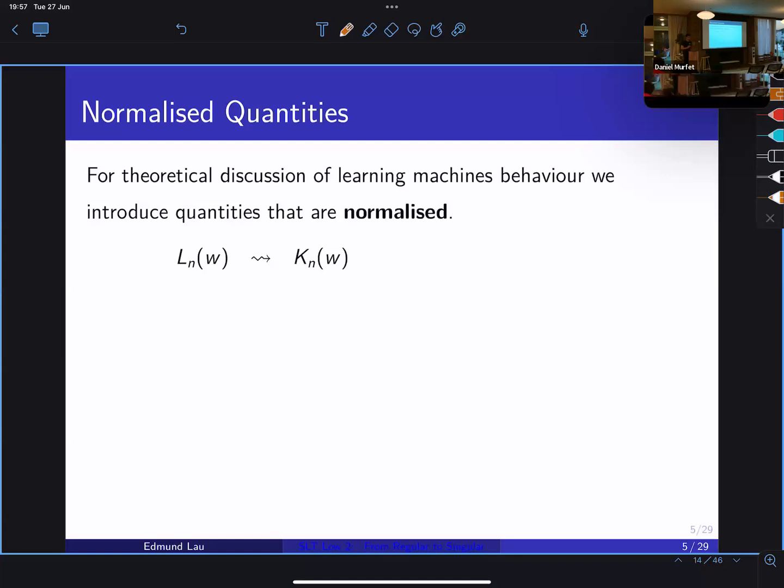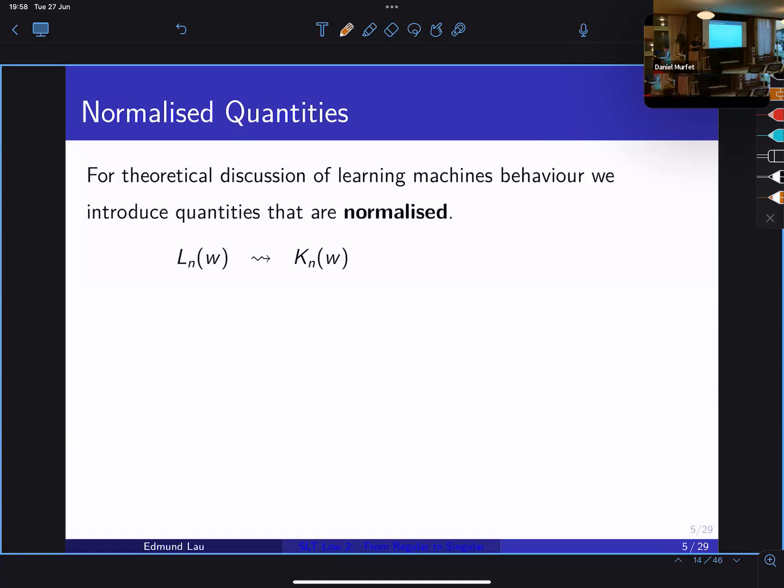All right, so to do theoretical discussion, we introduce some normalized quantities. This is where objections about whether or not Q, the true distribution, is a real thing come in. Our theory depends on having a Q. It's all about: you observe data and then you ask about its future prediction performance.